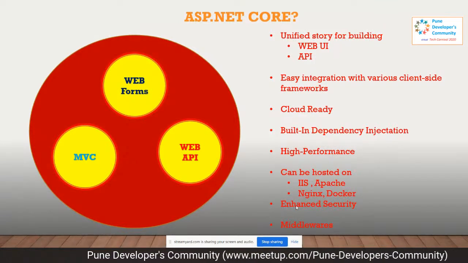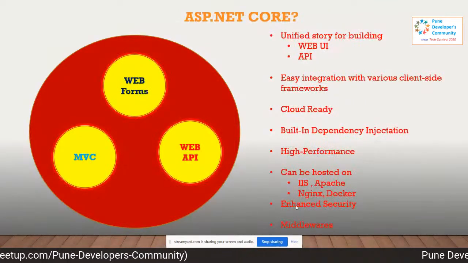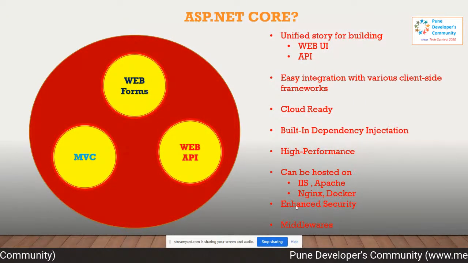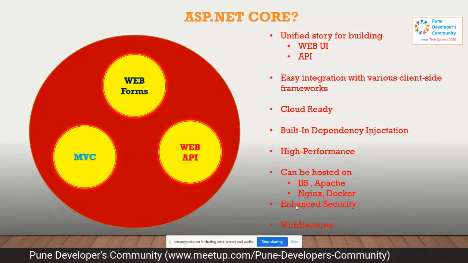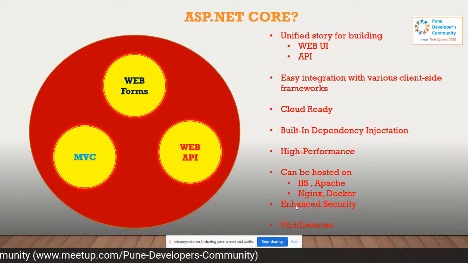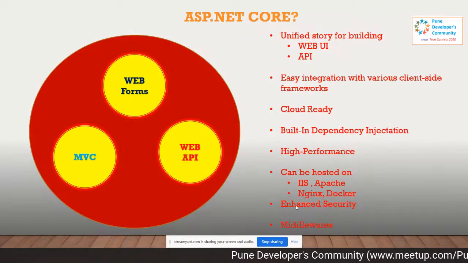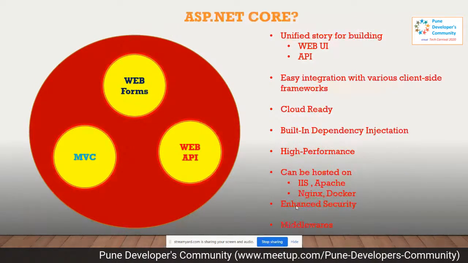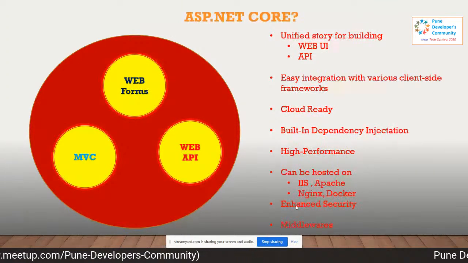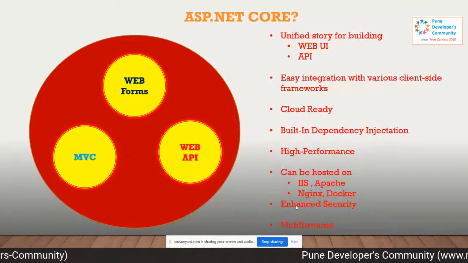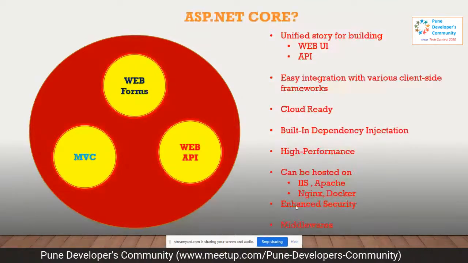Not only that, over here we have easy integration with client side libraries and frameworks. We should be really thankful to Microsoft because from ASP.NET Core 2.0 onwards, 2.x and now 3.x, we have been provided with Angular and React integration.